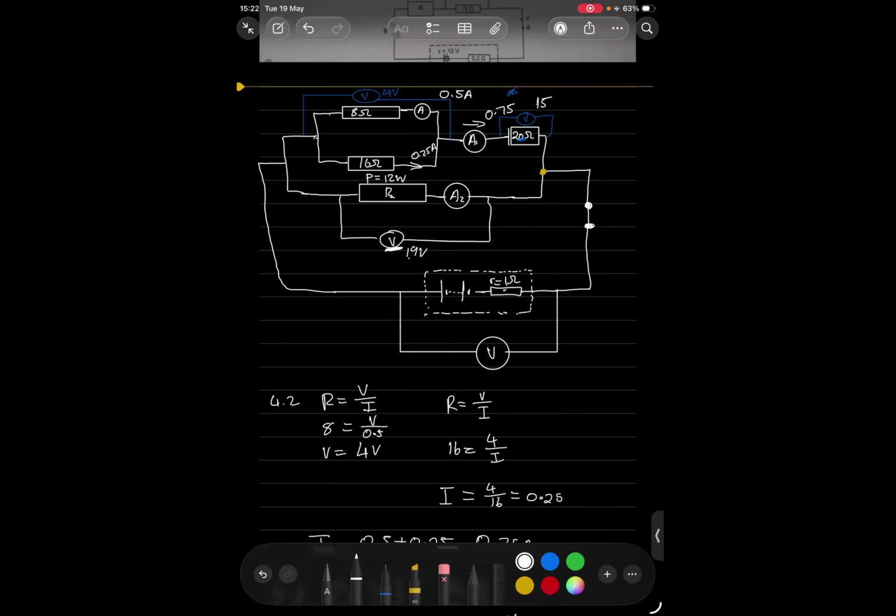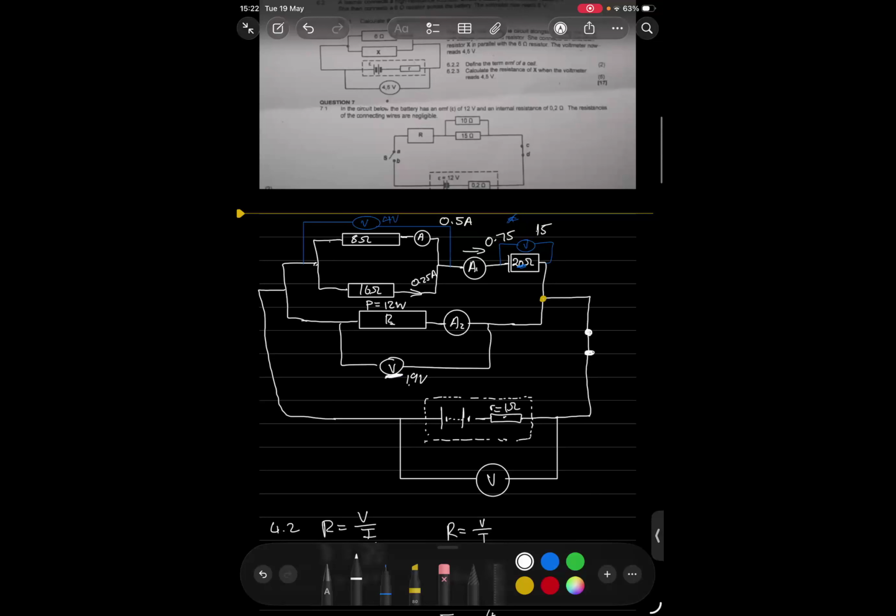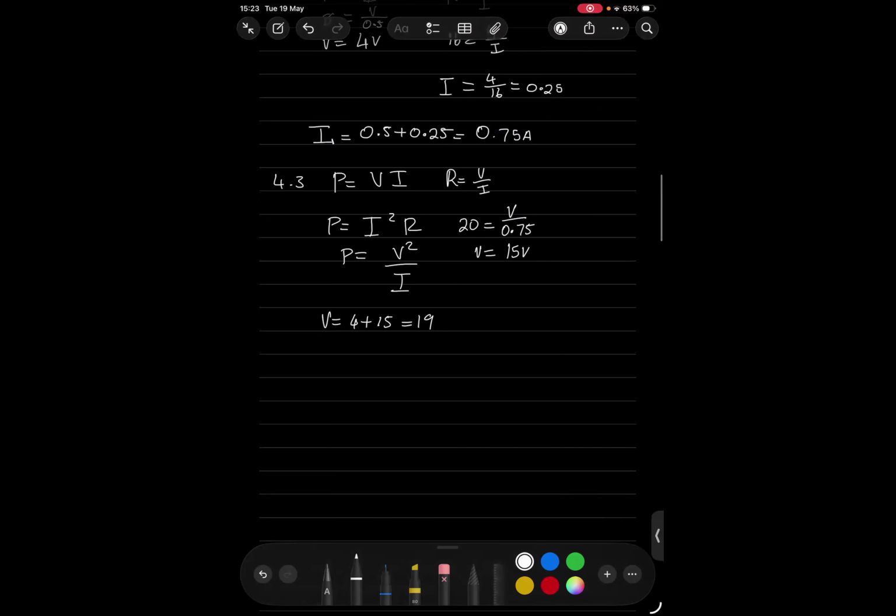Then you have V and you have power. Since you have voltage and you have power, can you calculate the current? Which formula are we going to use?